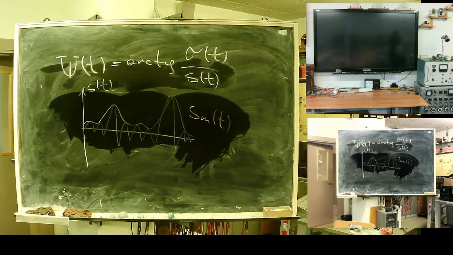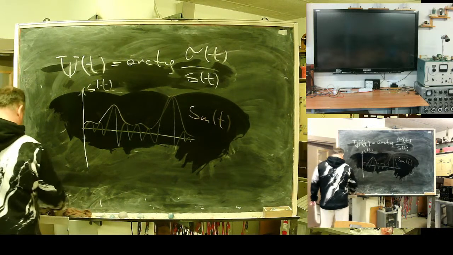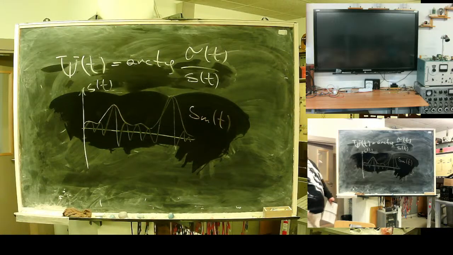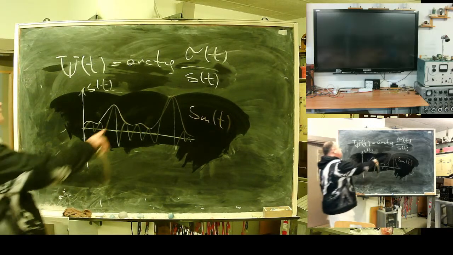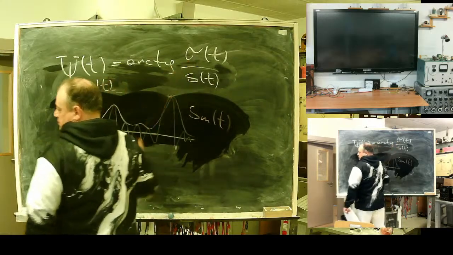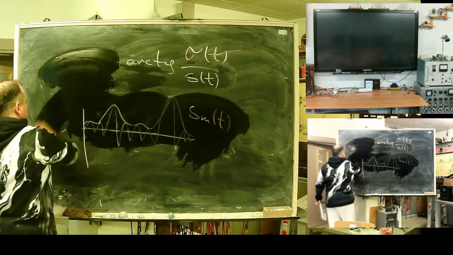There is a vector drawing this line. So any signal that can be represented as a Fourier series can be represented as a vector via introduction of this conjugated signal.